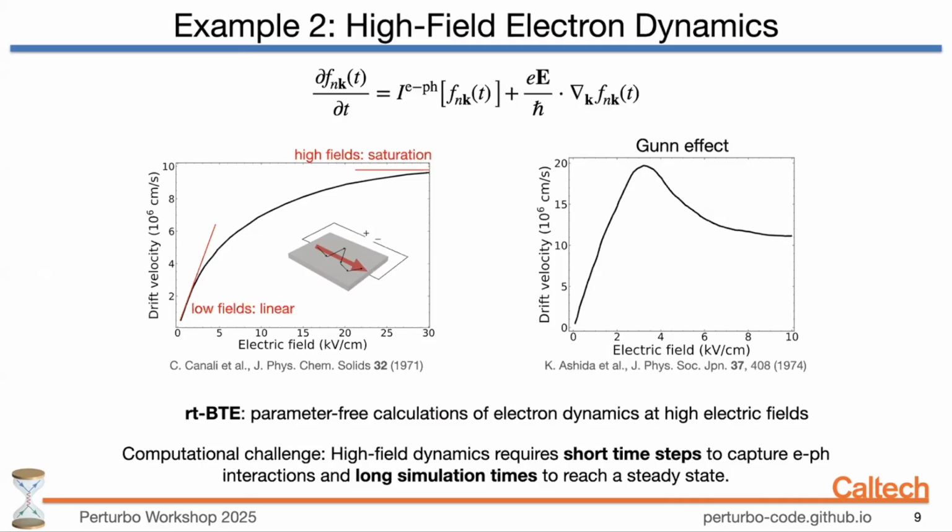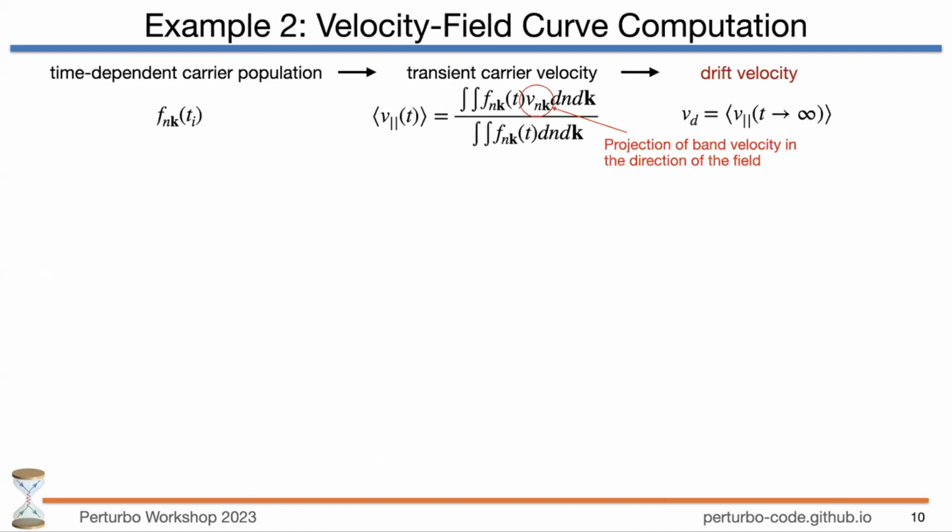So if you're interested in computing electron population at a certain field, depending on what feature you're looking for, such as the drift velocity, instead of computing a data point for every single electric field, so computing one dynamics and reaching steady state for every single dynamics, there's one smart way that you can use Perturbo to simplify this calculation.